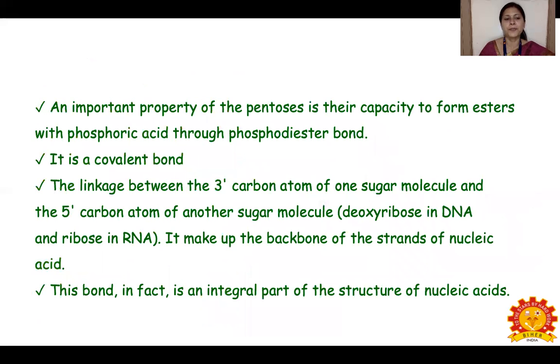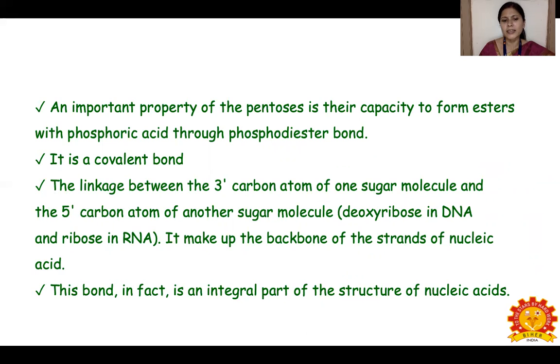That is RNA. An important property of the pentose is its capacity to form esters with phosphoric acid through a phosphodiester bond. It is a type of covalent bond, the linkage between the 3' carbon atom of one sugar molecule and the 5' carbon atom of another sugar molecule, deoxyribose in DNA and ribose in RNA, and it makes up the backbone strands of nucleic acid.